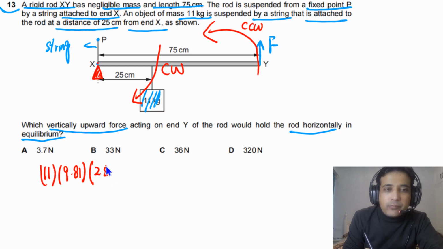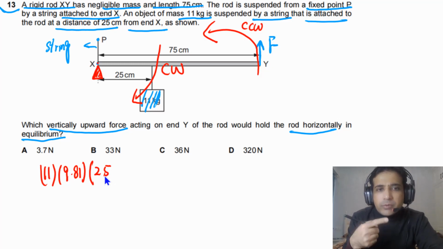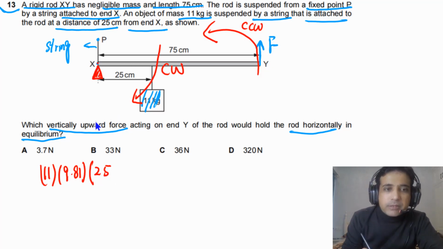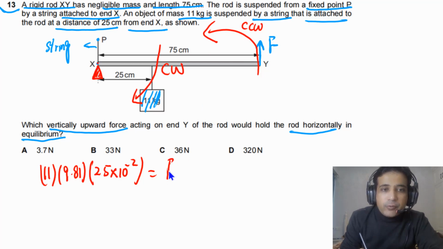You don't need to convert this into meters. You can solve without that because centimeters on both sides will cancel. If you are not very clear, you can multiply this with 10 to the minus 2, but it doesn't matter. And on the other end, we have force F and the perpendicular distance that is 75 centimeters. So this is 10 to the negative 2.